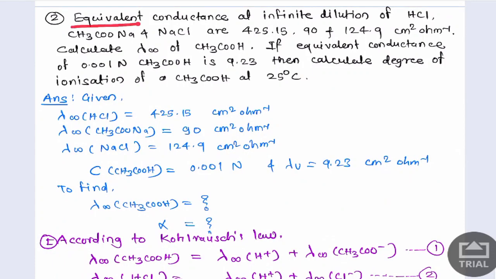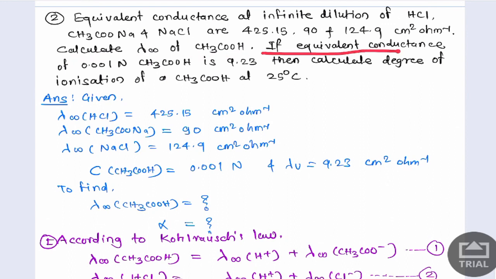Equivalent conductance at infinite dilution of HCl, sodium acetate and NaCl are 425.15, 90 and 124.9 centimeter square per ohm. Calculate lambda infinity of acetic acid.